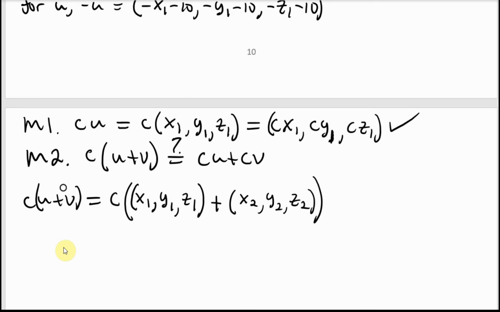So here we have that c on the outside. Just going to hold that there for right now.